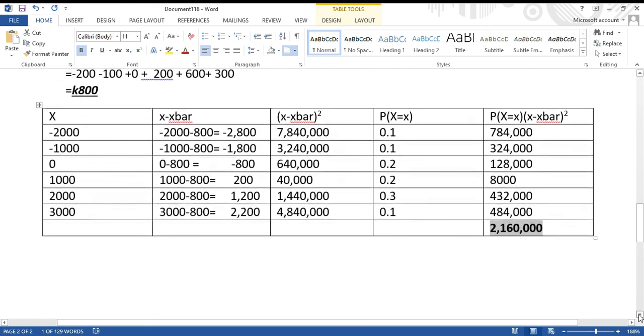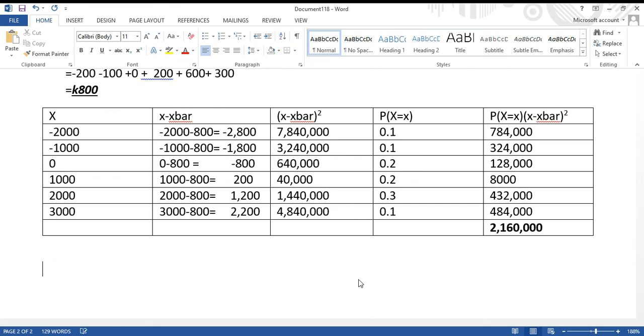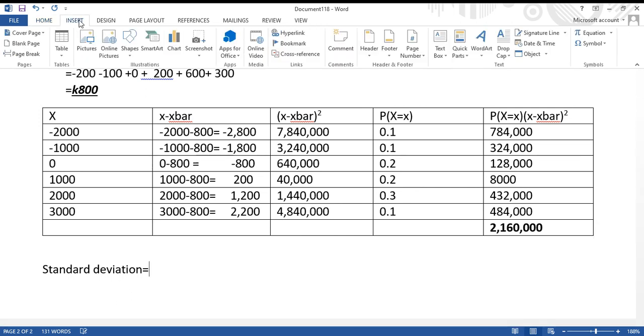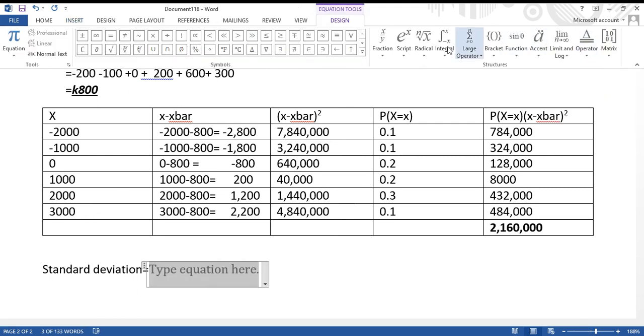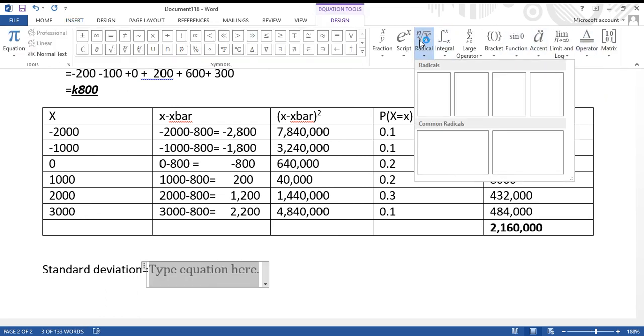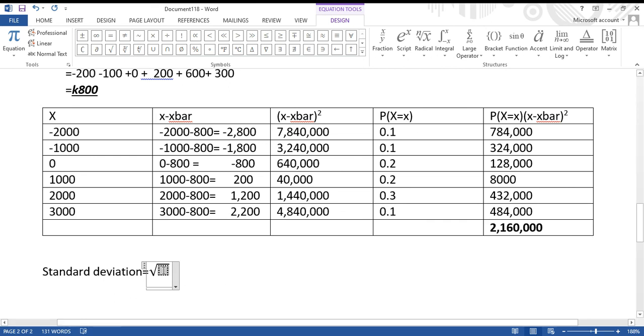So to get the standard deviation, we're going to just take the square root of this. 2,160,000.